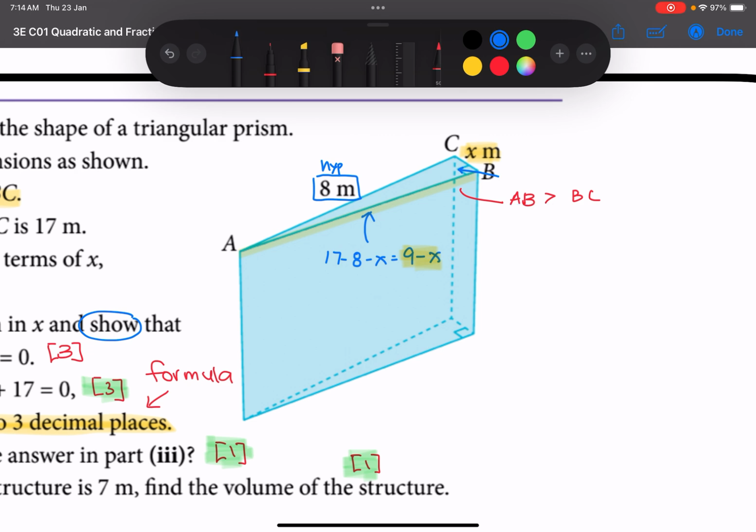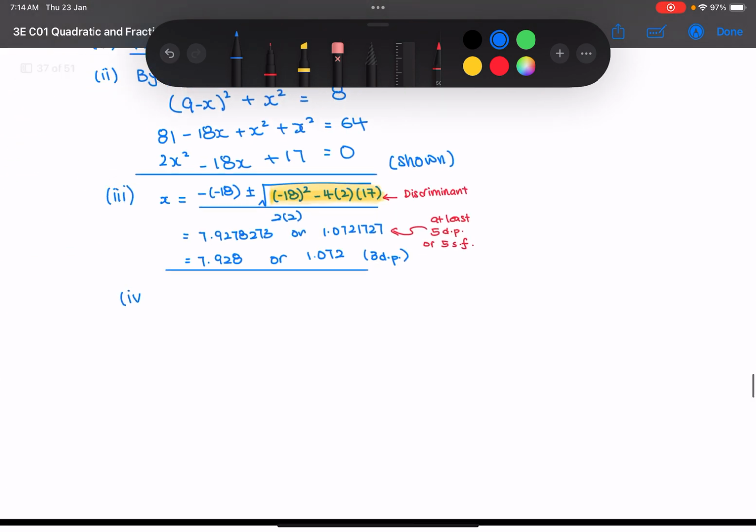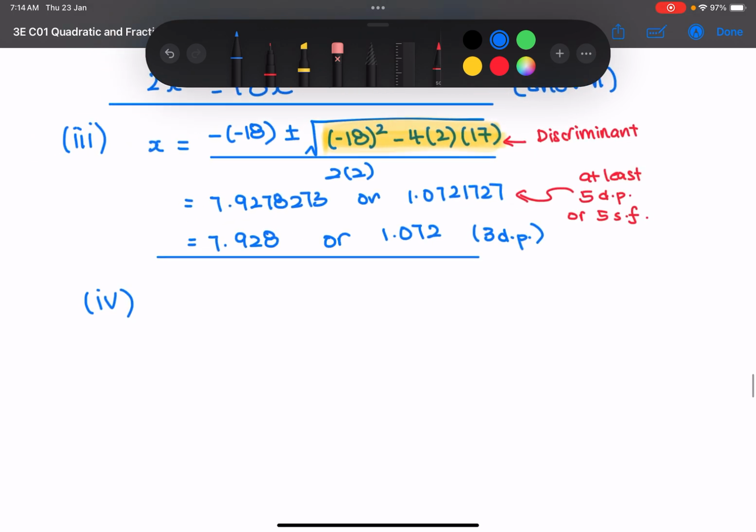Okay, let's go, finish up. I am at part 3. Why am I rejecting? Which one am I rejecting? We tell them first. Reject X equals 7.928. Why? Because no need to invent the wheel.